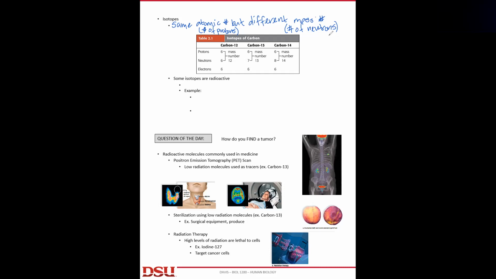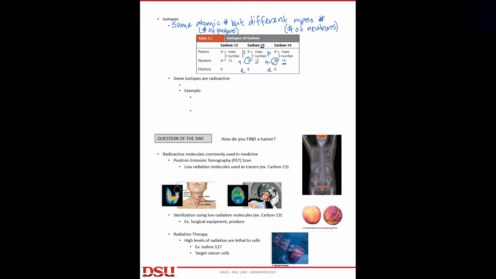Carbon-13 has 6 protons, 6 electrons, but look, this is called carbon-13 because the mass number is different, meaning that we have 7 neutrons because 6 plus 7 is 13. Carbon-14, well, we know it's going to have 6 protons and 6 electrons. So how many neutrons is it going to have to give us a mass number 14? That's right, 8.